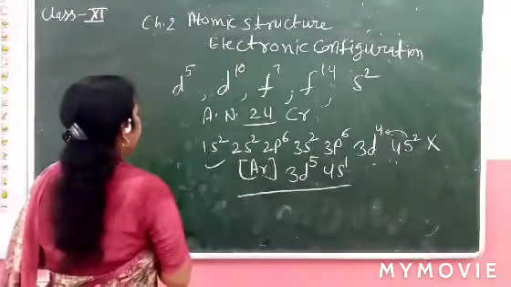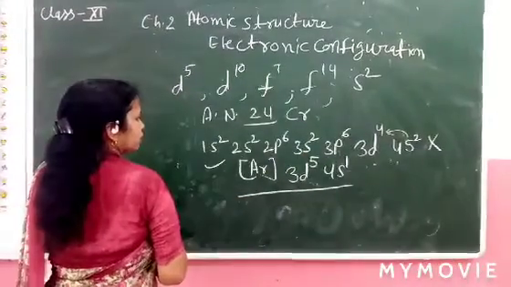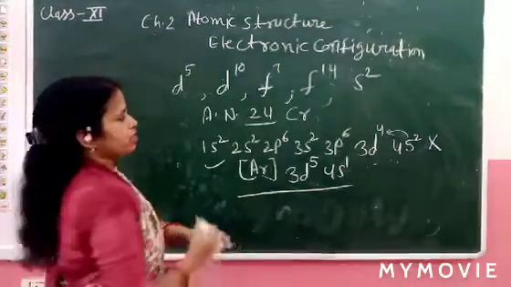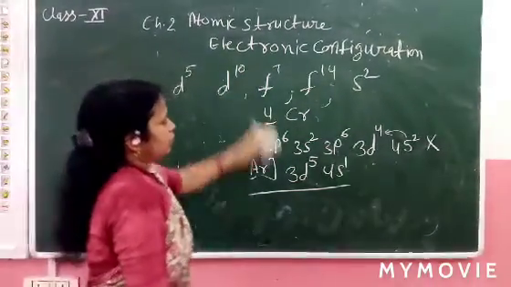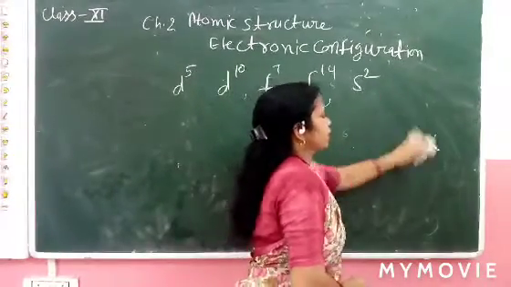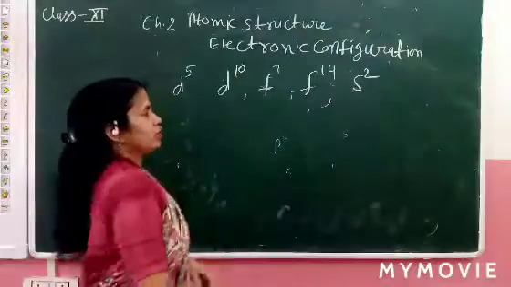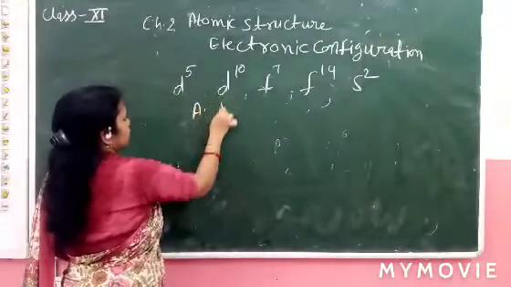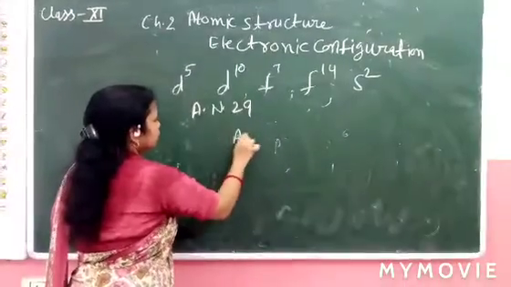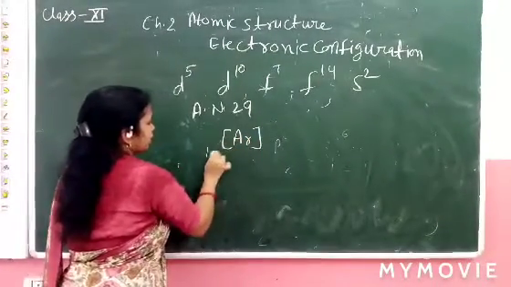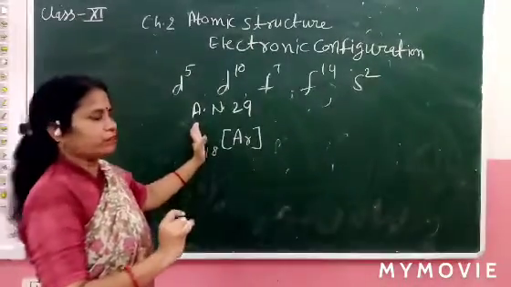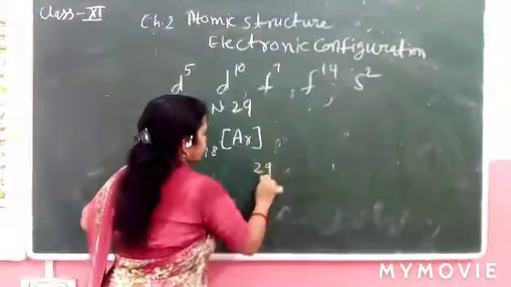So how to write the next example? Like 29. Atomic number is 29. How to calculate? Argon, you can write this. 18 electrons are already filled in orbitals.